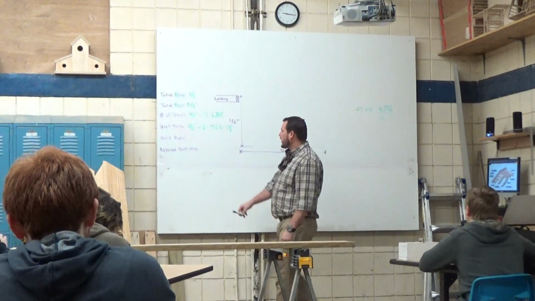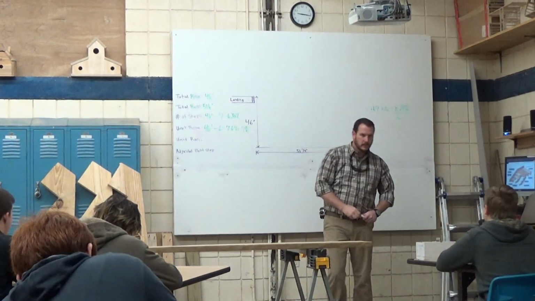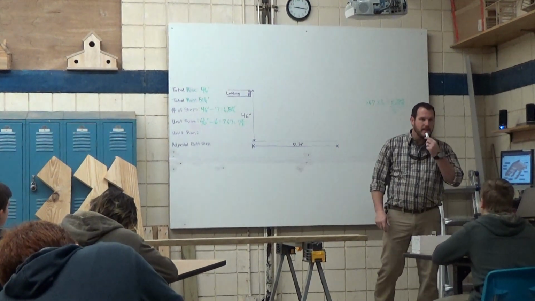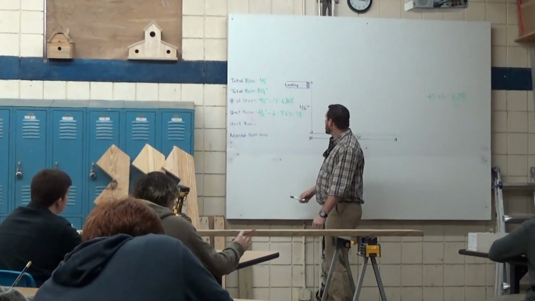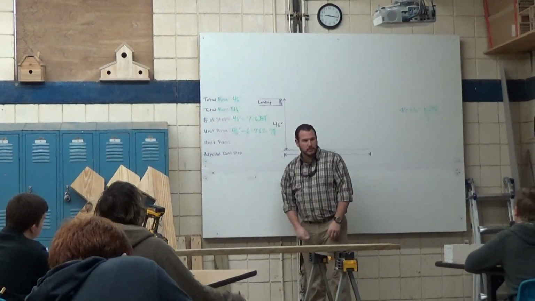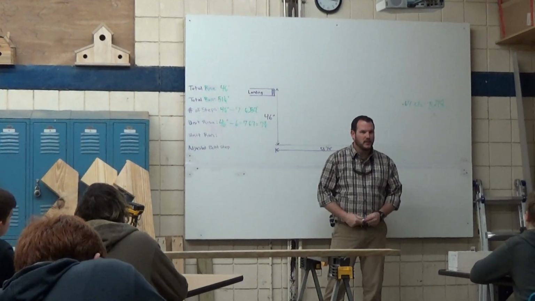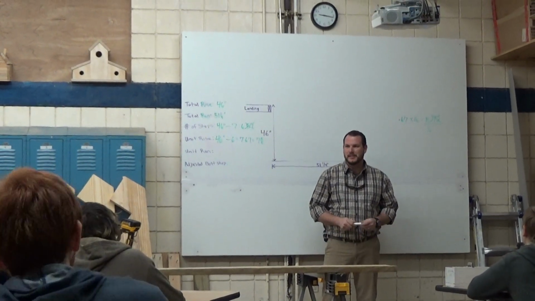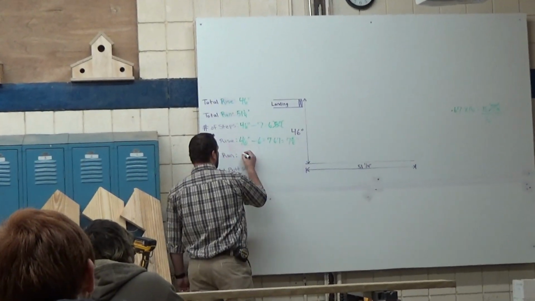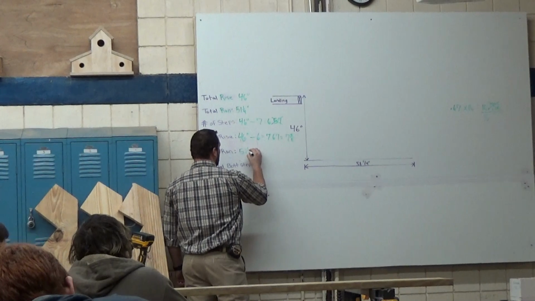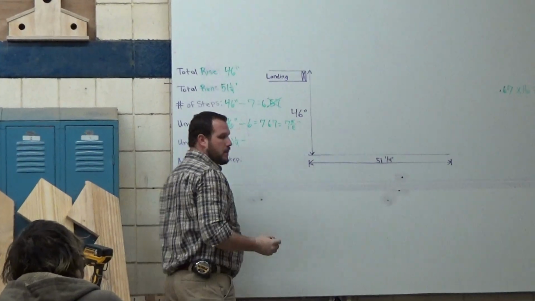All right? How do we find our unit run? My number of steps, which is 6, minus 1 is 5. So what's my total run? 51.25, divided by what? 5.